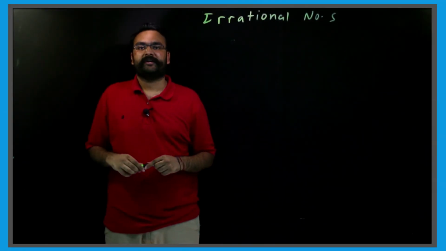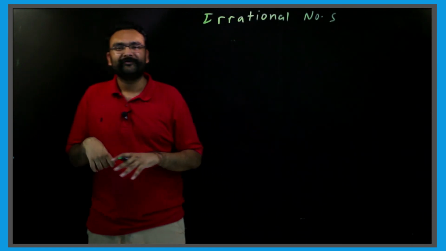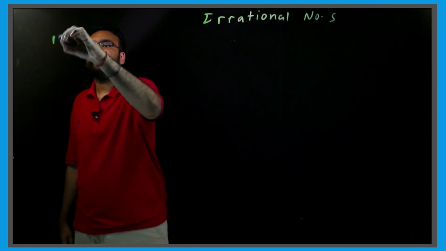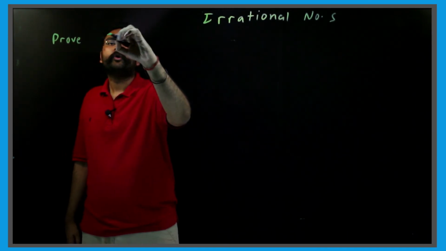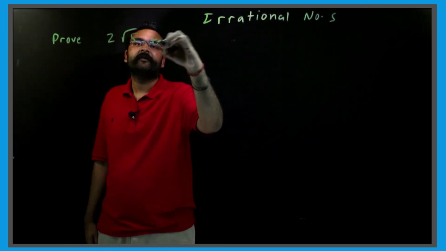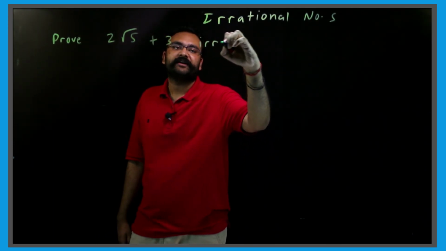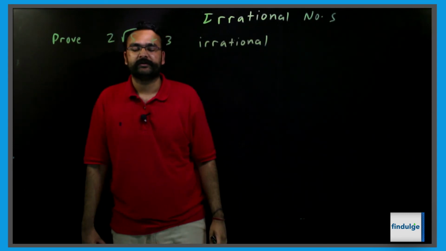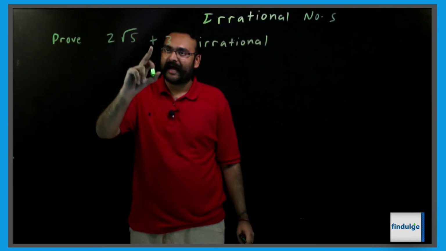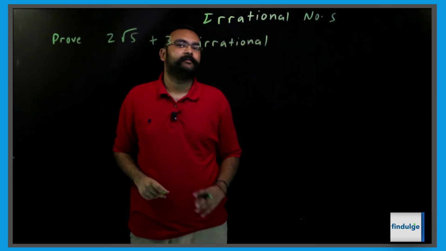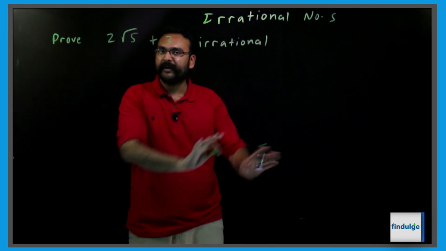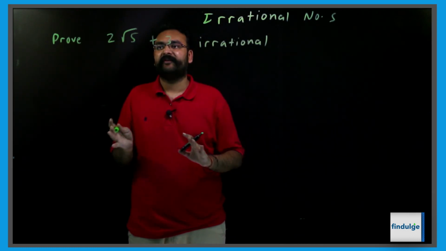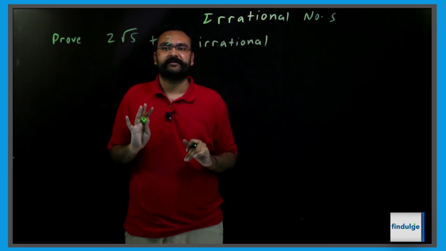The second type of question is they'll give you a root with a combination of integers, meaning they'll say prove 2 root 5 plus 3 irrational. In these questions, all you have to do is isolate your root number. It will come into some p by q form. We'll simply state that's not possible. Therefore, this also has to be irrational.